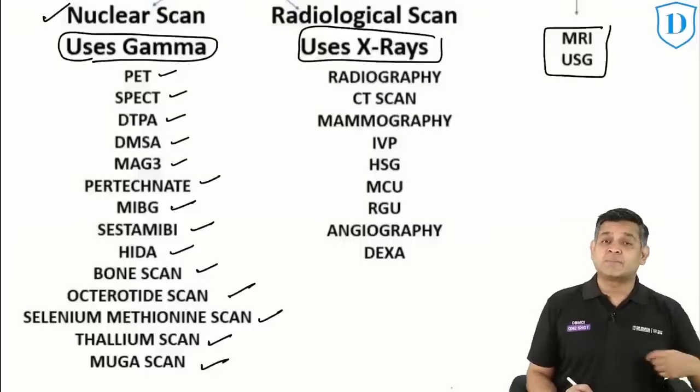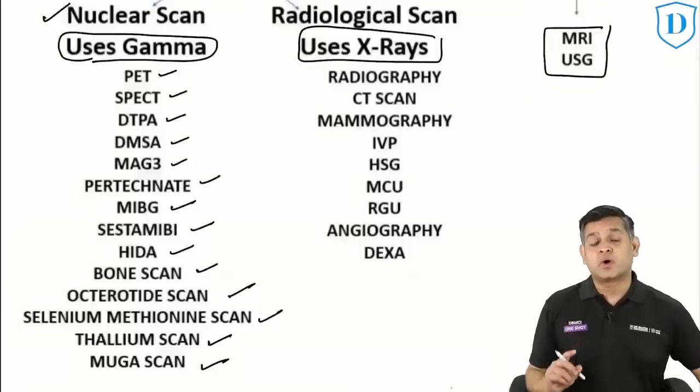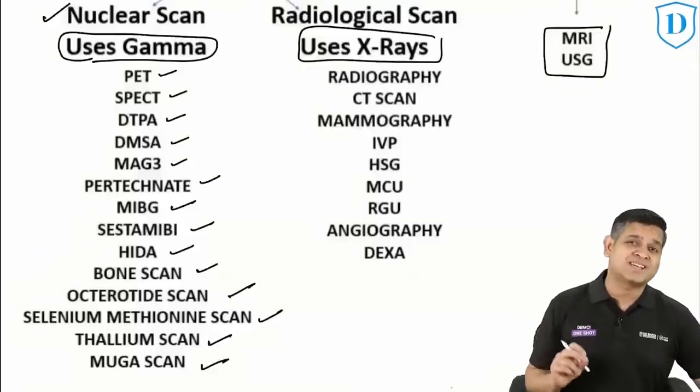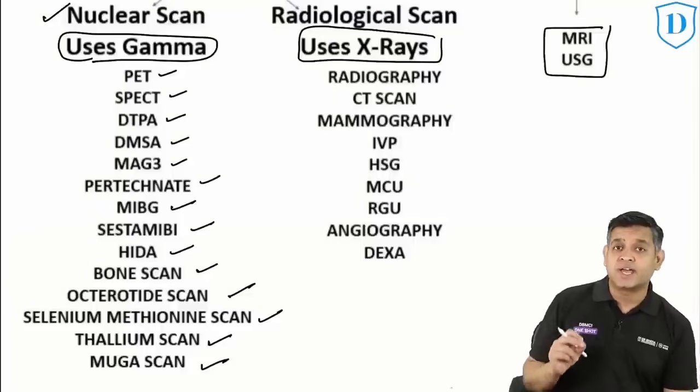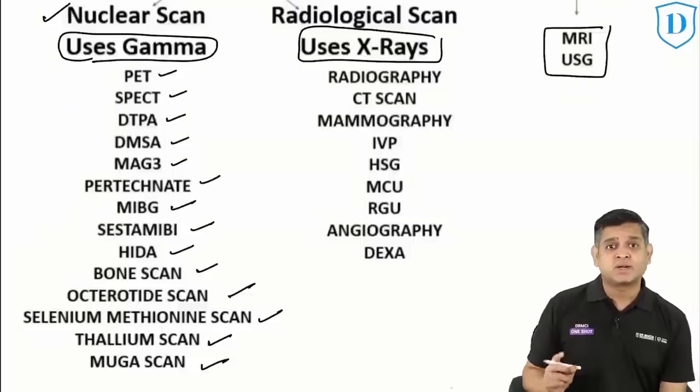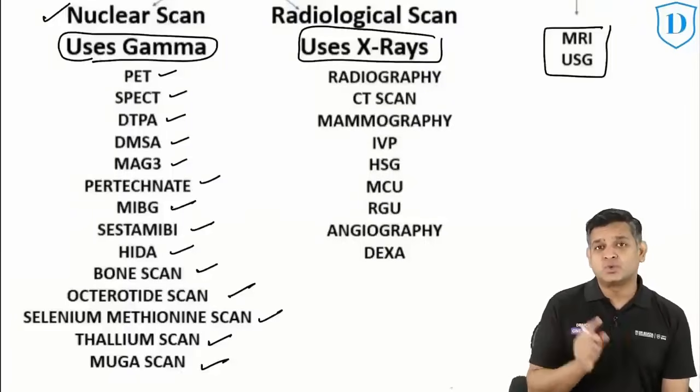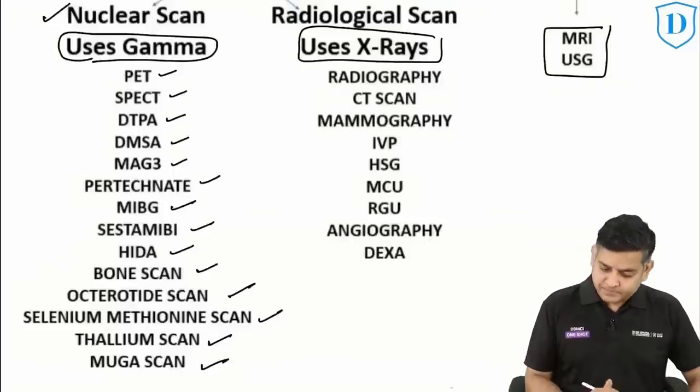These are the examples of gamma rays. Always remember, when any of these investigations is given, your answer will be that they use ionizing radiation, but gamma rays, not X-rays, and you should be able to remember their uses also, that we will be doing in a second.